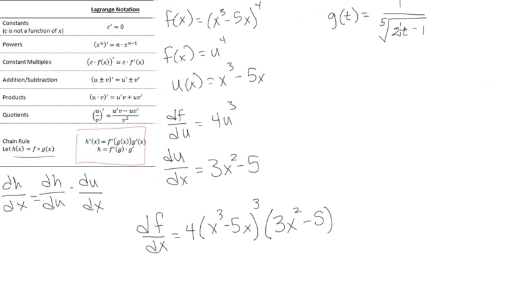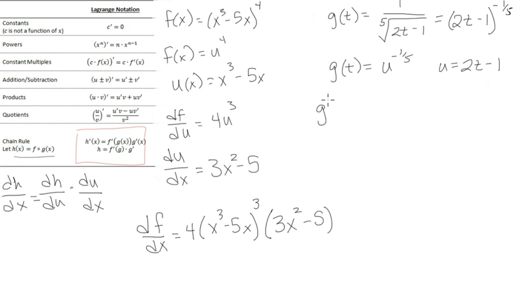On this second one, I'm going to start off just by rewriting this as 2t minus 1 raised to the negative 1/5 power. So I can write g of t as u to the negative 1/5, where u is equal to 2t minus 1.